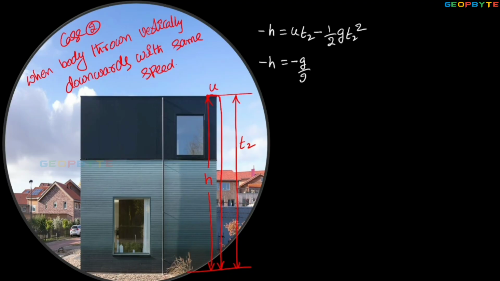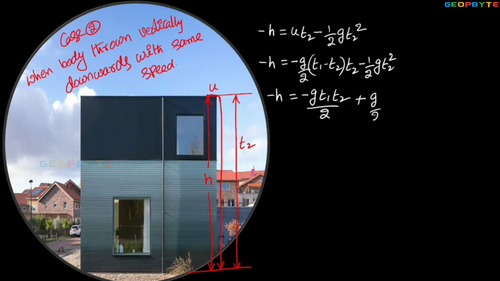So minus h equal to minus g by 2 into (t1 minus t2) into t2 minus half into g t2 square. Let us simplify this. Minus h equal to minus g t1 t2 by 2 plus, minus into minus is plus, g by 2 into t2 square, minus g by 2 into t2 square.